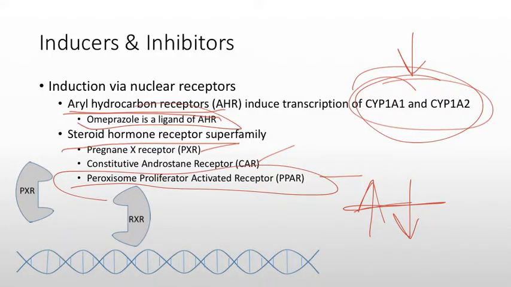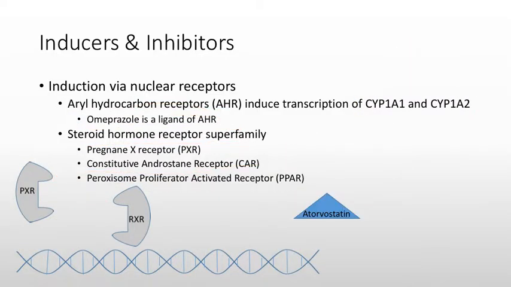For example, fibrates is one of the pharmacologic targets for the PPAR receptor. Now, you have a receptor that has an X in the middle, for example PXR, the pregnane X receptor. These X receptors are typically going to interact with the RXR receptor. So the pregnane X receptor is going to bind with the RXR receptor.